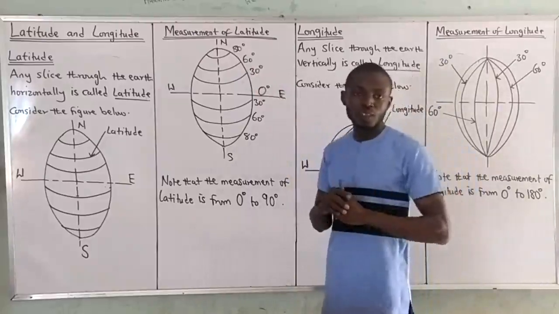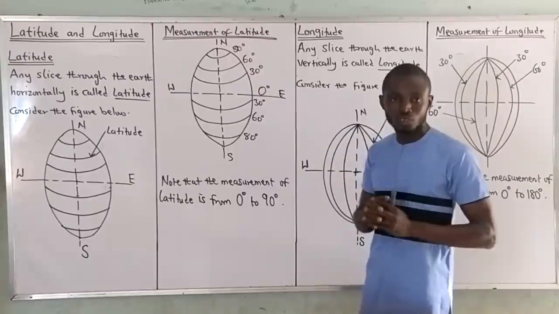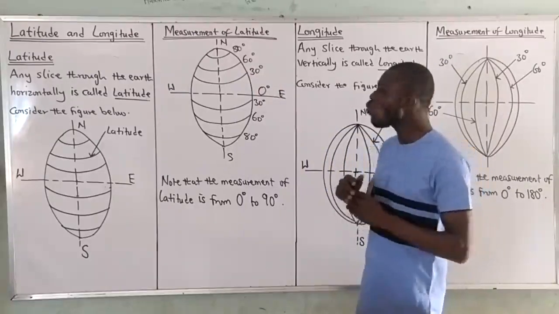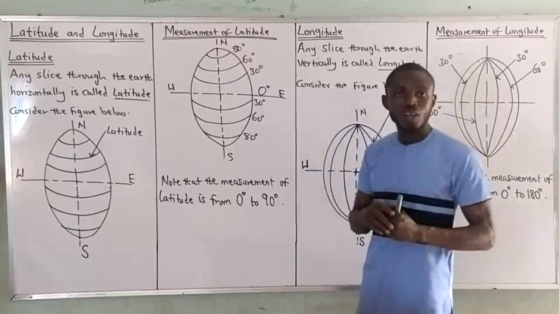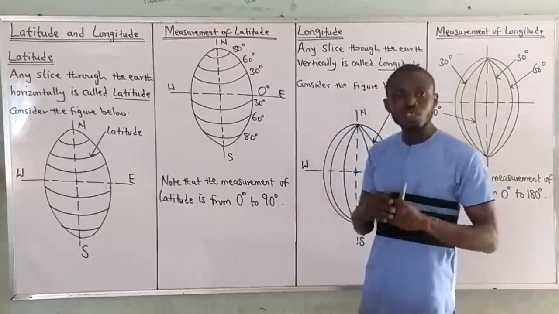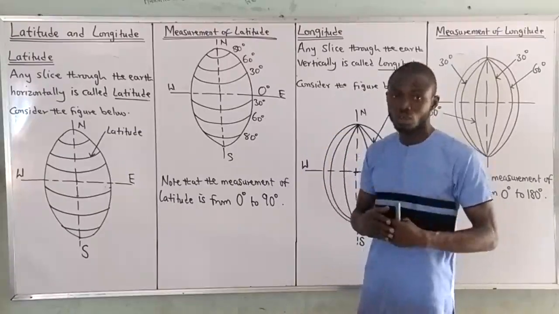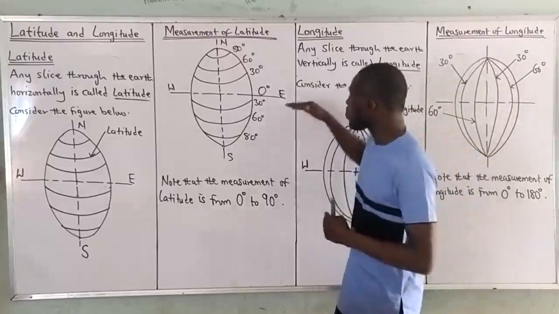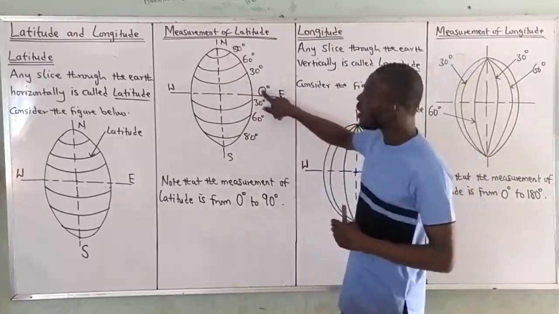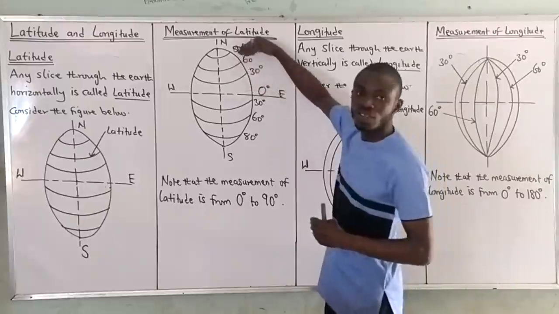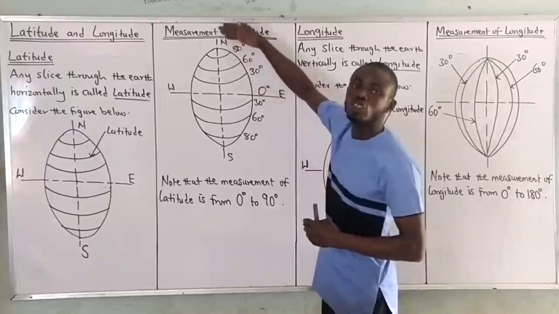Since we are talking about measurement of latitude, how is it done? One thing you must pay attention to is that each time you talk about measurement of latitude, it is measured either towards the north or towards the south. Take note of that. From the equator, we assume 0 degree. If we measure towards the north, it will increase outward towards the north.